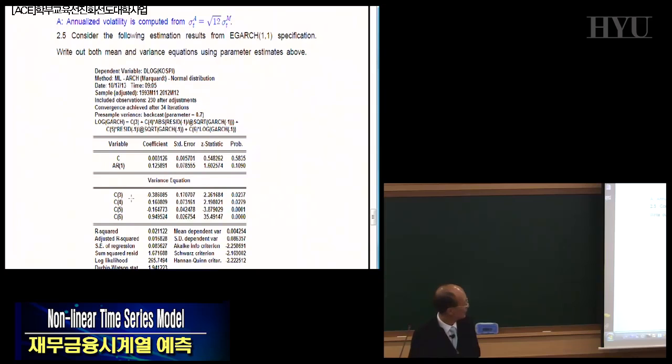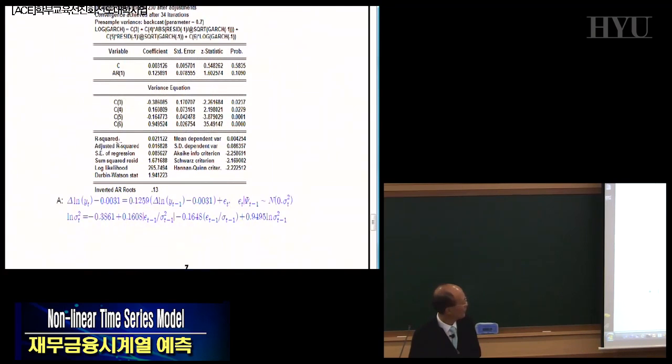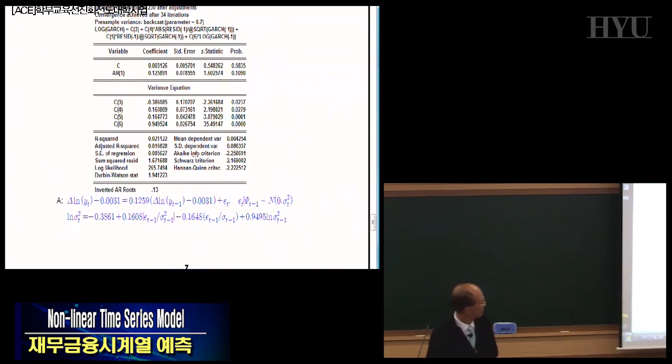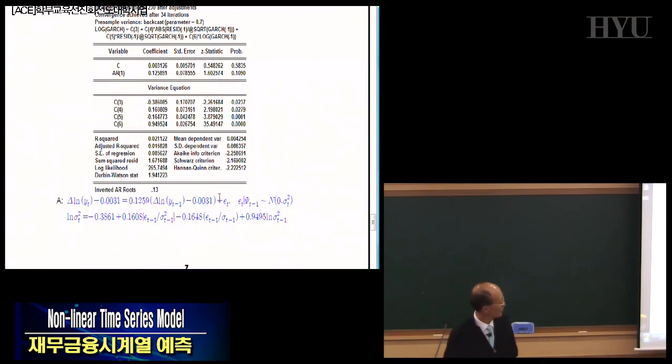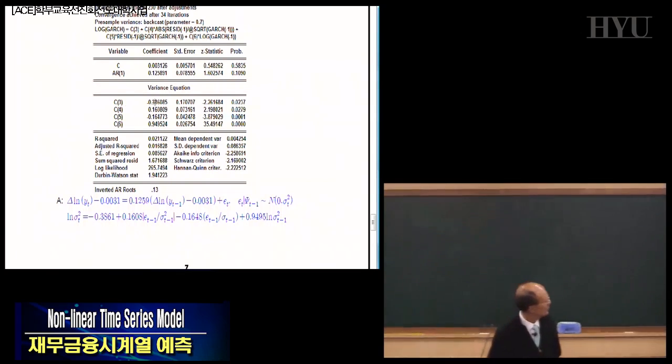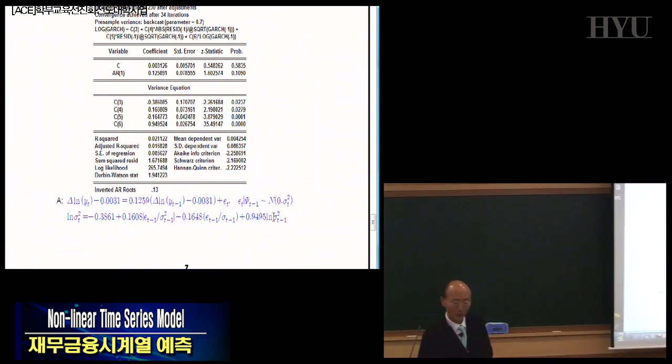Then how to write this in GARCH representation? Of course, the answer is right there, right? So mean equation is the same as before with different parameter estimates. And if we write this term in expression, it has something like this one.